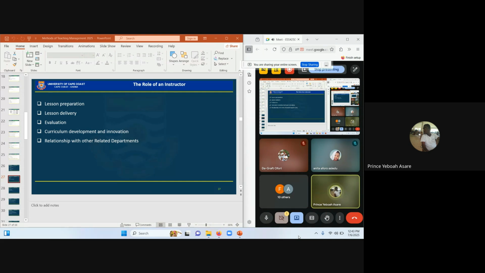So we see linkages, even something in management can be found in social studies, can be found in economics.